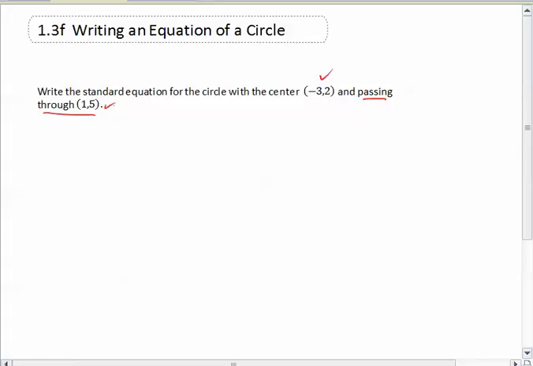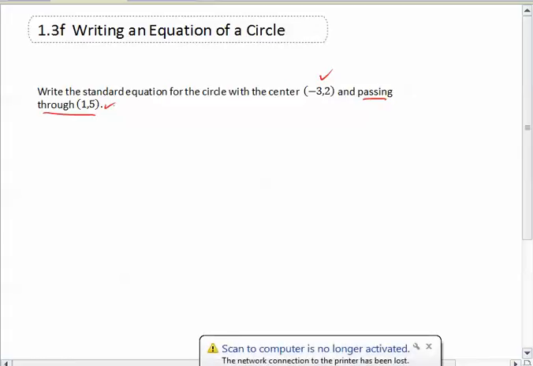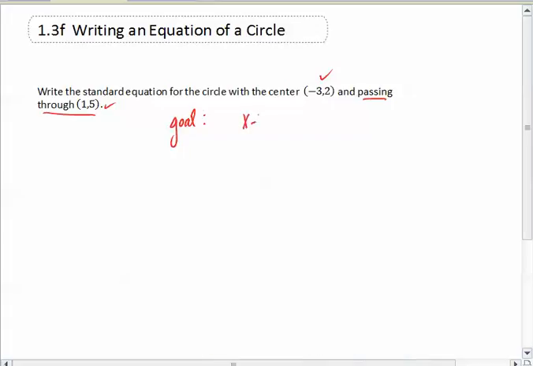So here we go. The first thing that we're going to need to know is, what is our goal? What's an equation of a circle? Well, the equation of a circle we went over in the last video. The standard form looks like this: (x minus h) squared plus (y minus k) squared equals r squared. Now, let's remind ourselves what everything is.